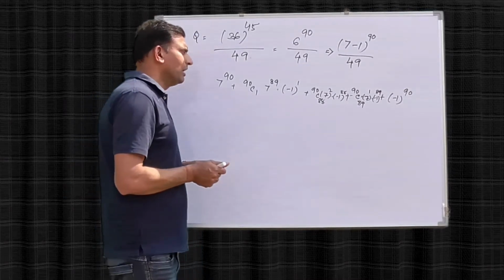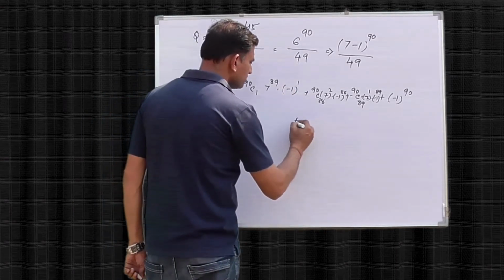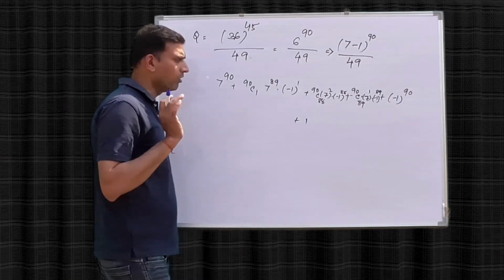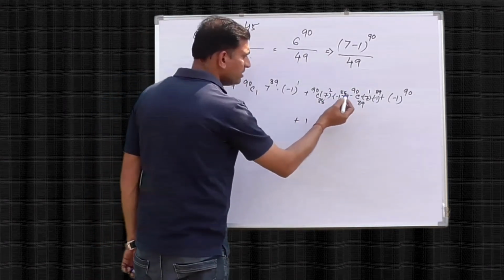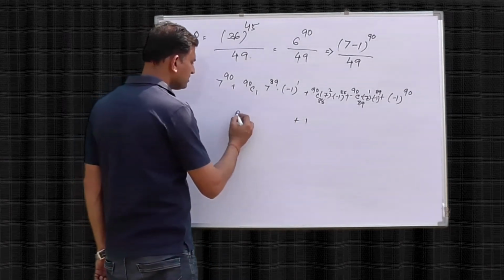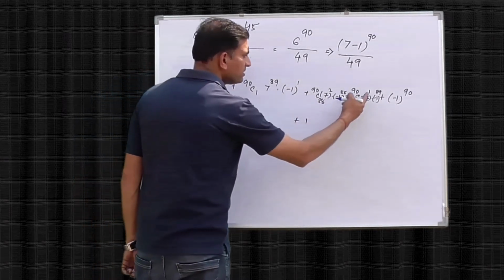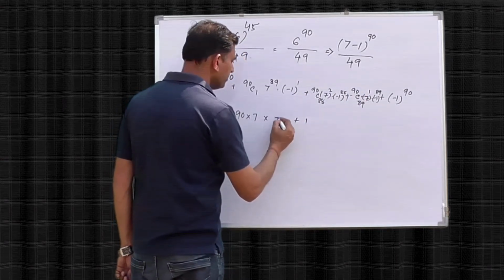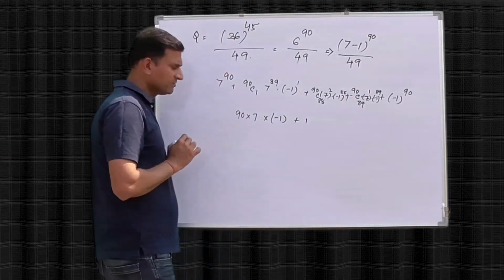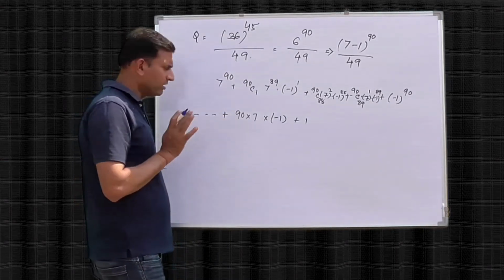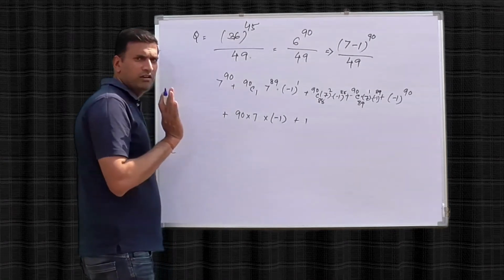So we should concentrate on the last two terms only in this expansion. The last one is minus 1 to the power 90, that equals plus 1. Clear? Now the previous one is 90C89, that equals 90C1, which is simply 90. 7 to the power 1 means 7, and minus 1 to the power 89 means minus 1. Every previous term is divisible by 7 square, so we don't need to write them down.